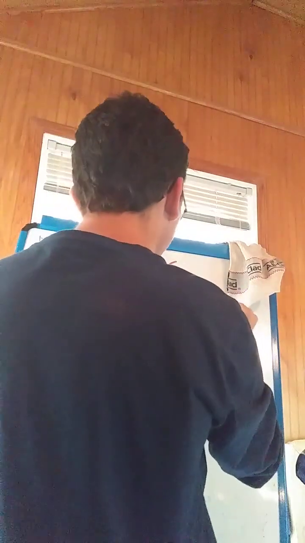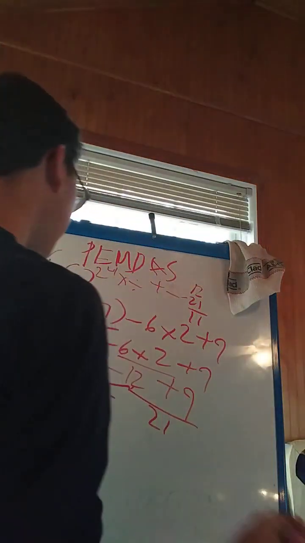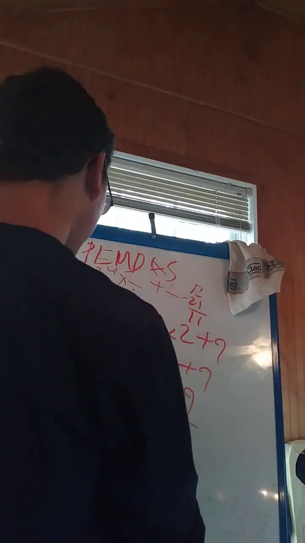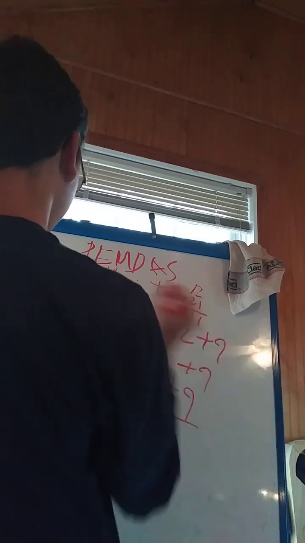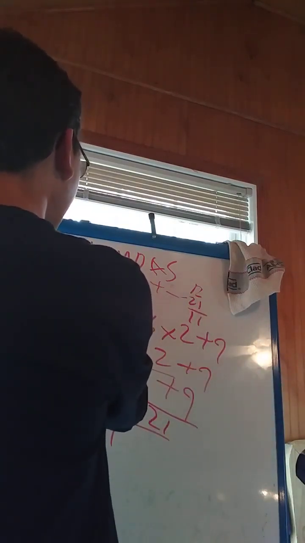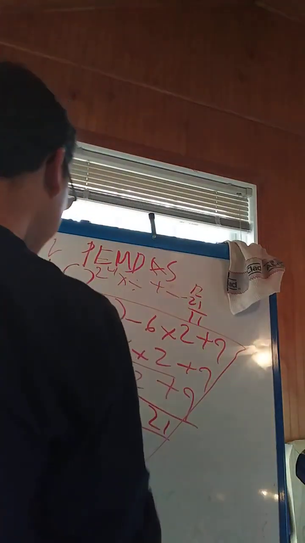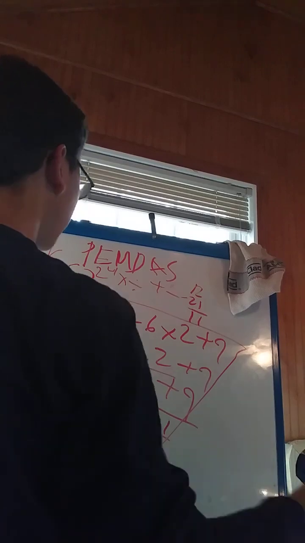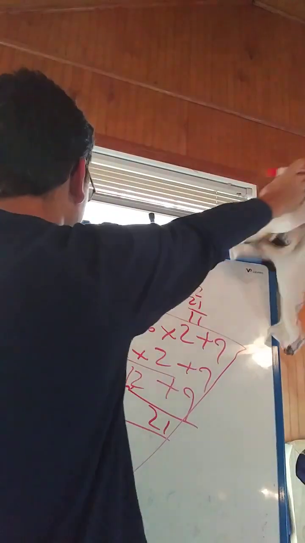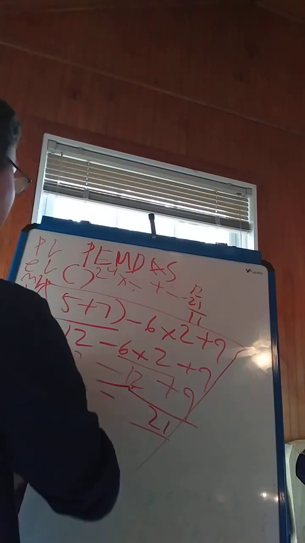So 12 minus 21, answer would be 11. So if I can draw that same backwards triangle around the problem, then it's right. So let's do another.